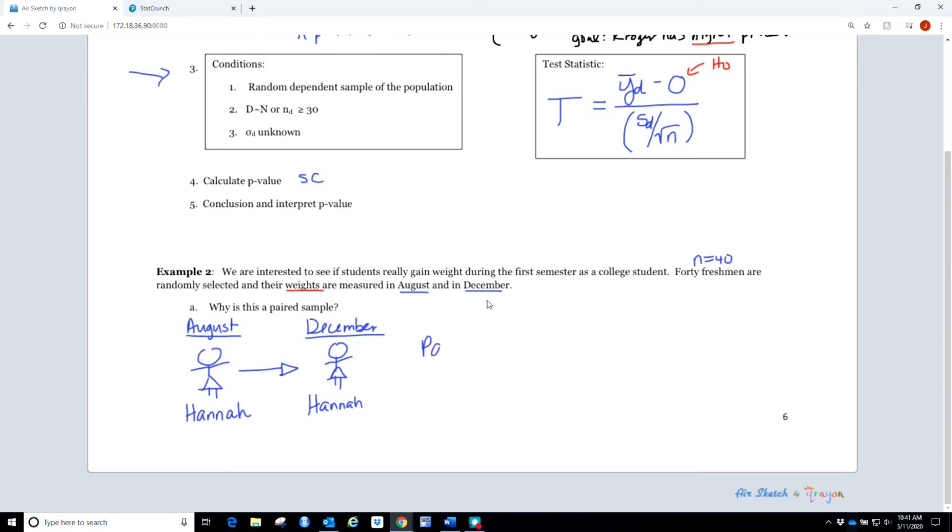Well, it's paired because we're sampling the same students in both August and December. So there's our explanation for it.